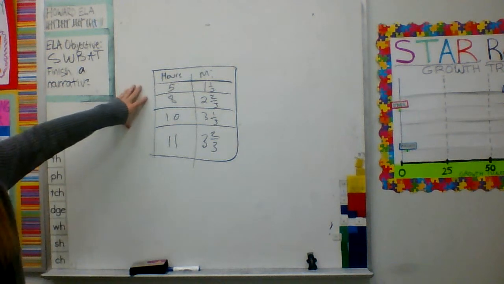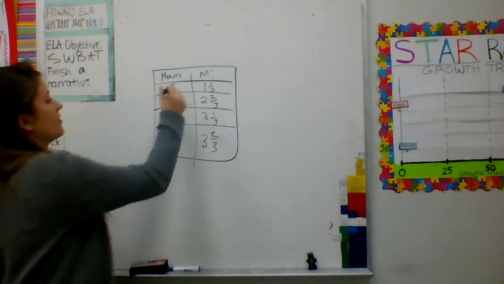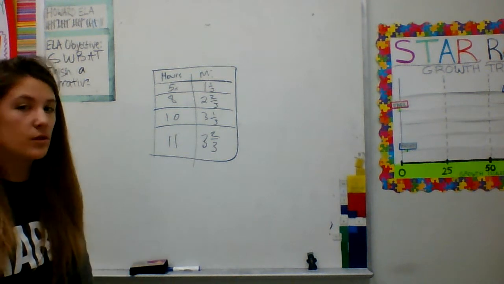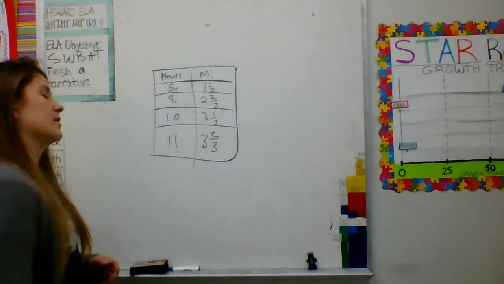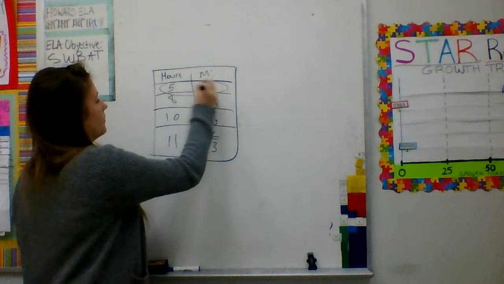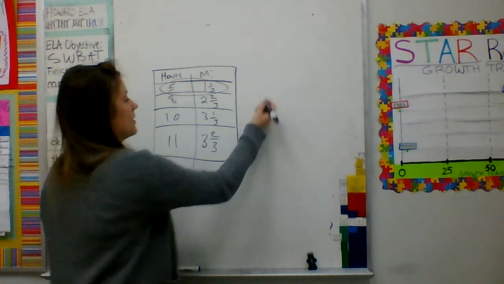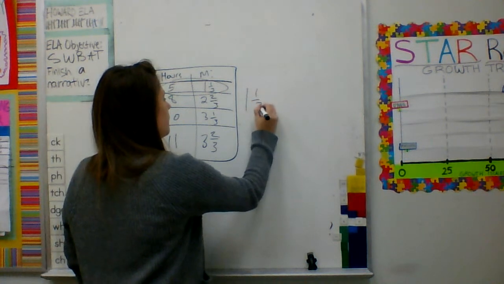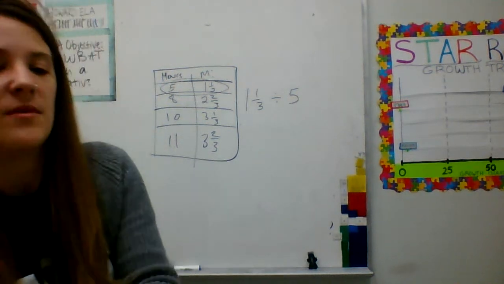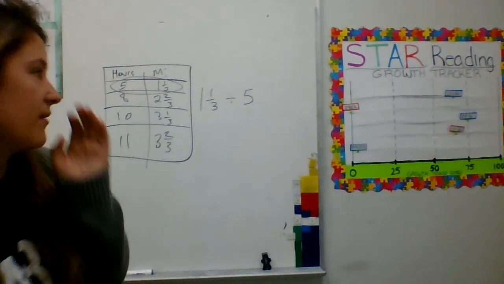Now, first thing I want to look at is, can I do 5 times something and get 1/3? I definitely don't know off the top of my head 5 times what is 1/3. So in order to figure it out, I'm going to divide. I need to take 1 1/3 and divide it by 5. Now this is going to go back to some of our skills with dividing fractions.